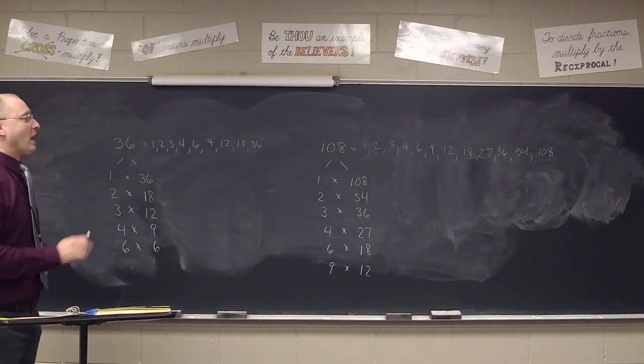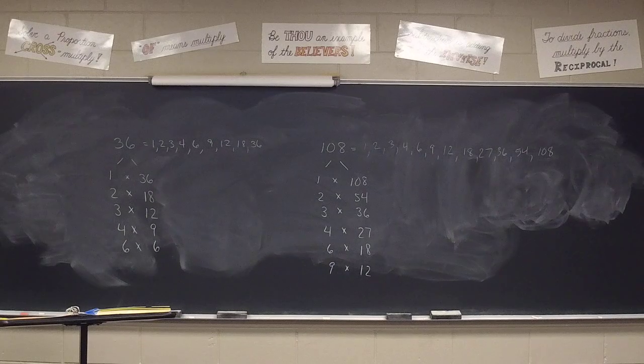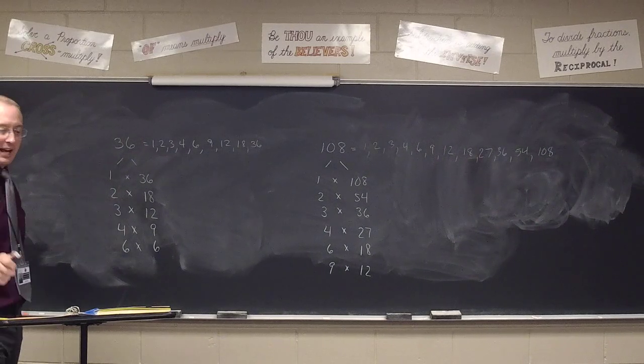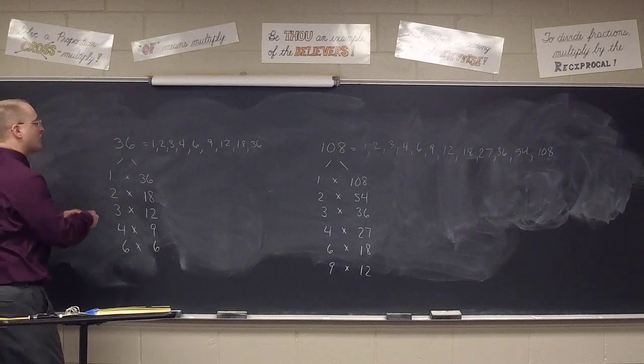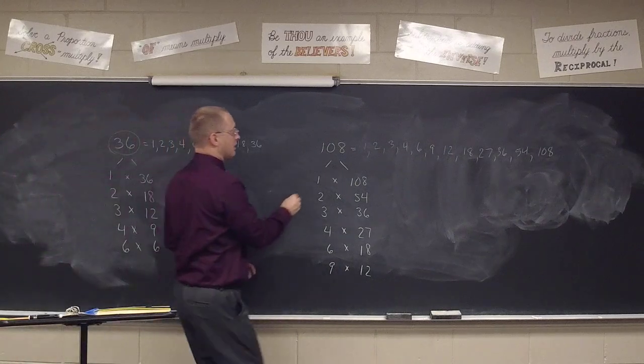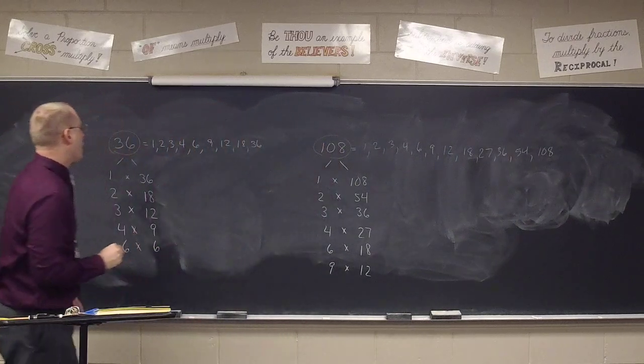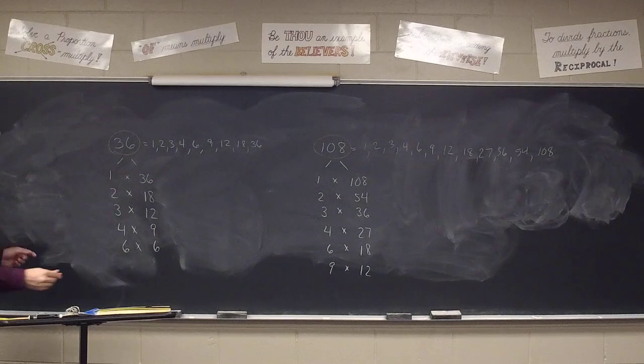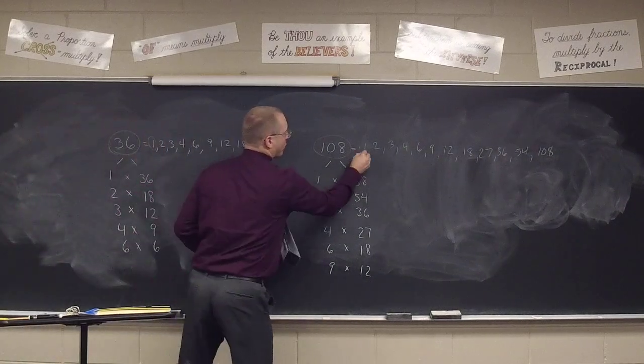All right, so now here's the other thing though. With factors, right, we have this idea of common factors. Some numbers have factors that are common. For instance, let's just take 36 and 108. Well, obviously, class, all numbers have a common factor of 1.